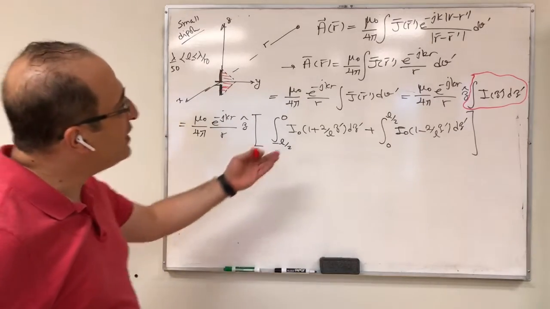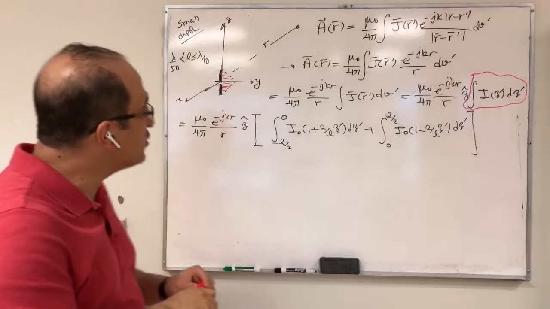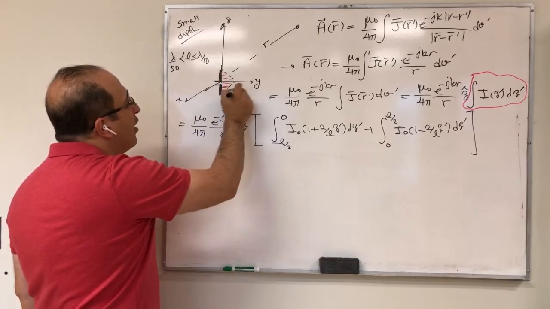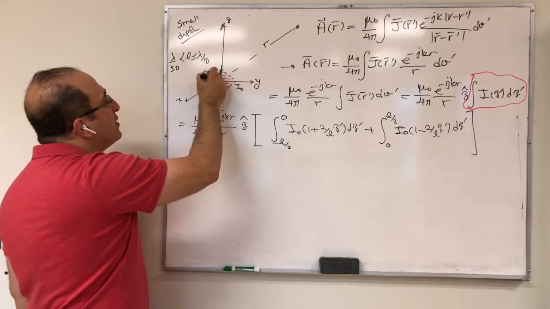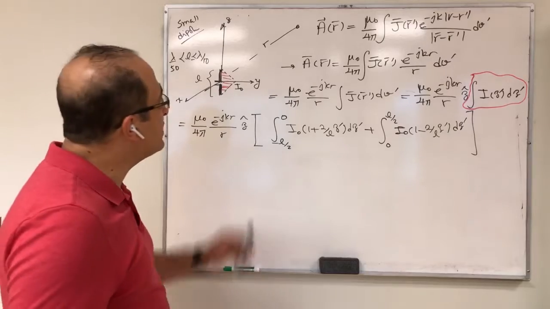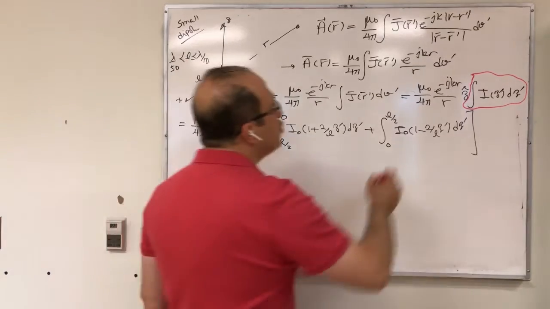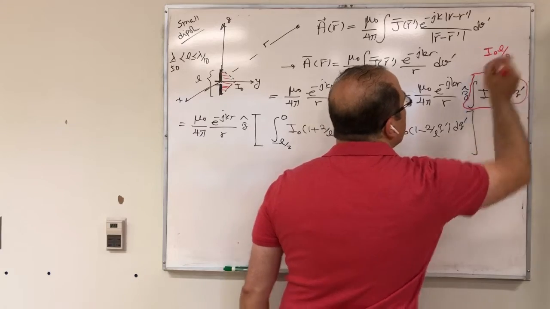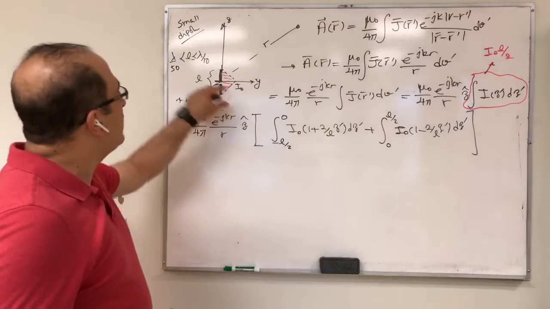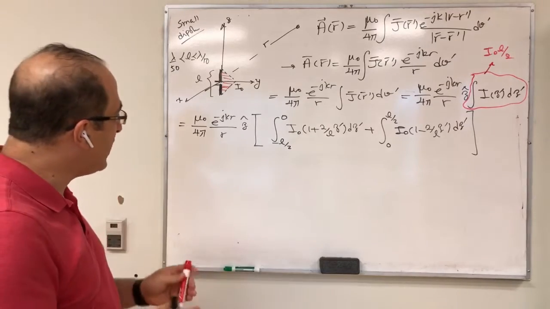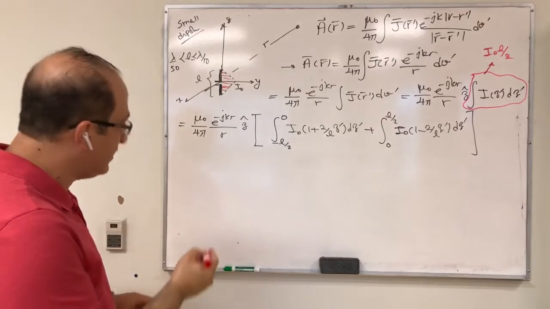So you don't really need to calculate that, because that's a triangle, and the height of the triangle is I naught, and this length is L. So the result of this integration should be the area of the triangle, which is I naught L divided by 2. Height times this side divided by 2, and that would be the result of that.